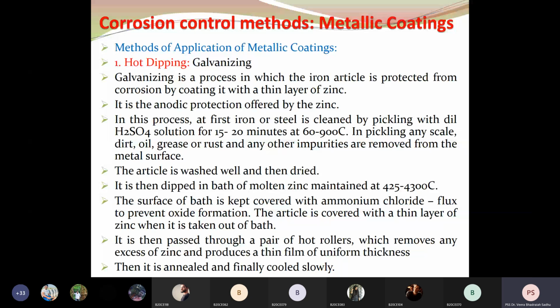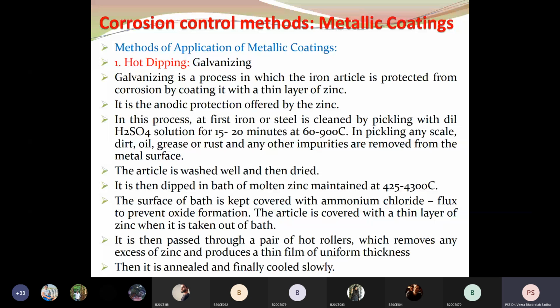So it is the protection offered by the zinc. In this process, the iron or steel is cleaned by pickling. Whatever the steel or iron, there is a lot of dust on the surface or some rust, right?